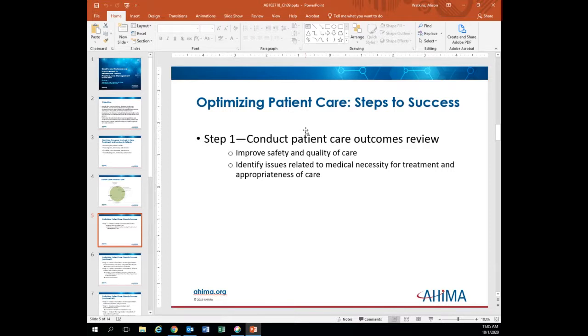Double checking blood components. These things are incredibly important to make sure that we don't end up with some sort of sentinel event that could have devastating effects. Conduct evaluations of the organization's medication systems.